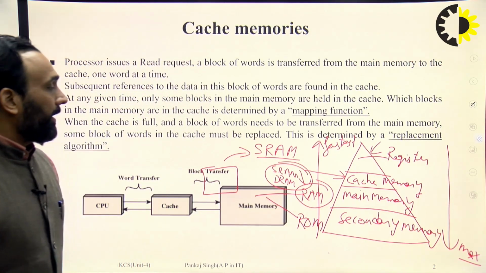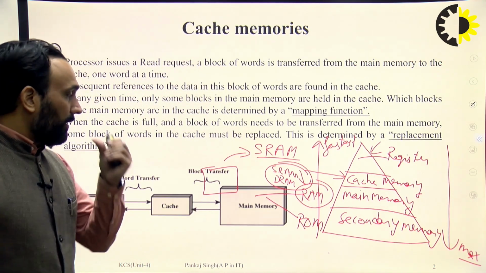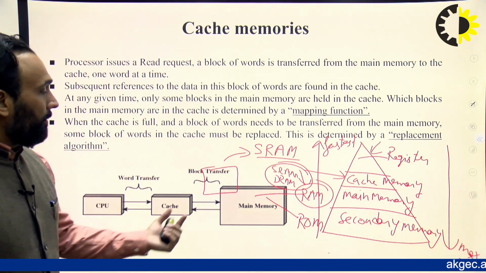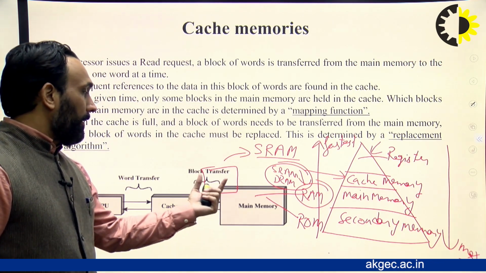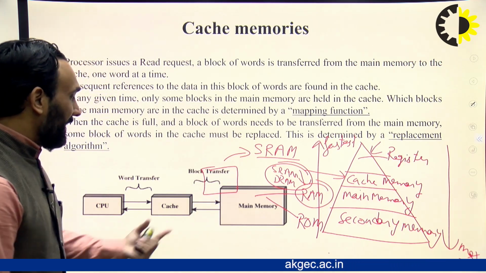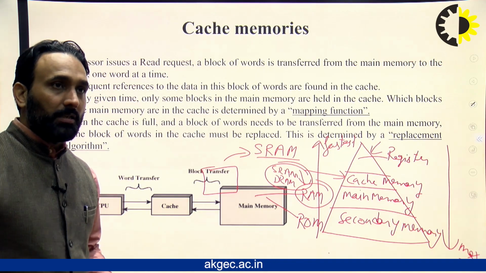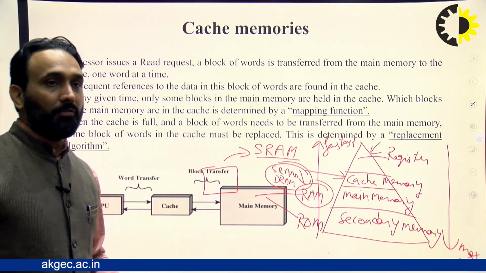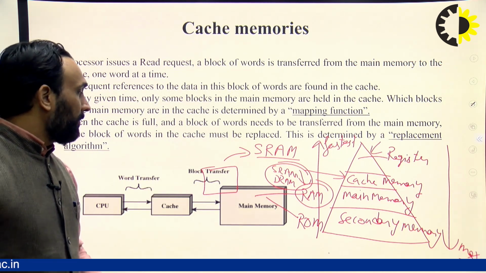So to access memory content quickly, we keep some part of main memory apart, nearer to the processor, or CPU, so that the CPU can easily access the content from the cache memory.